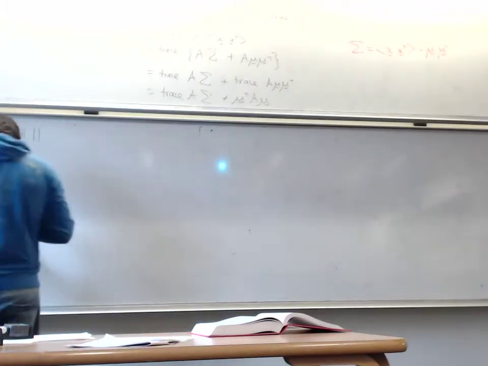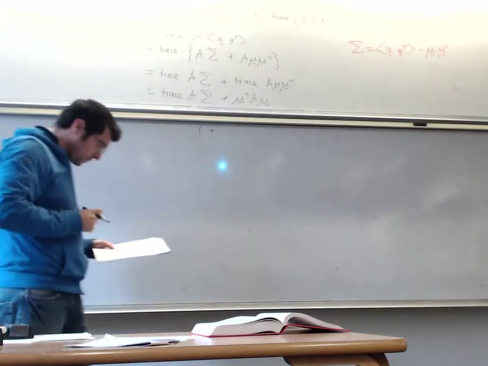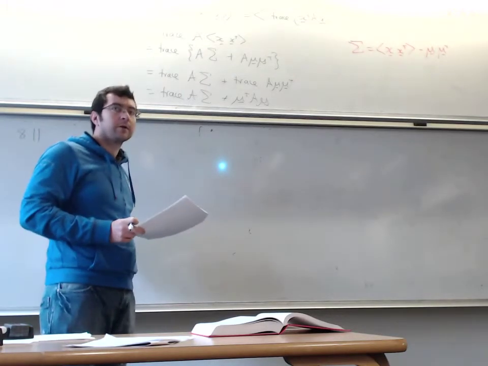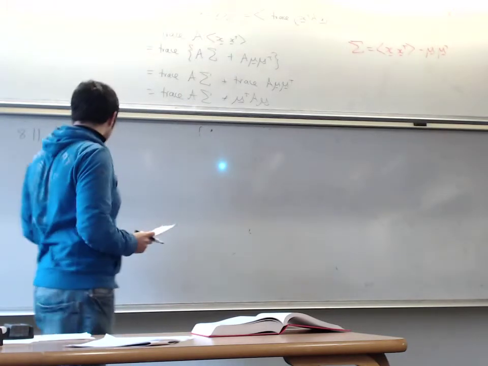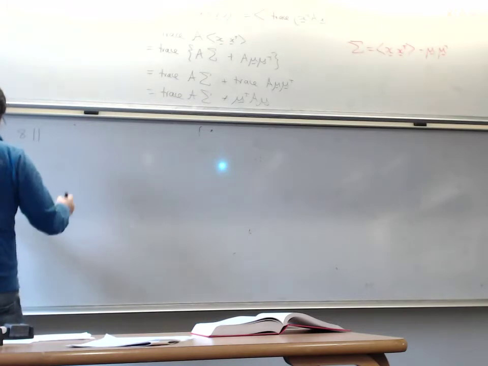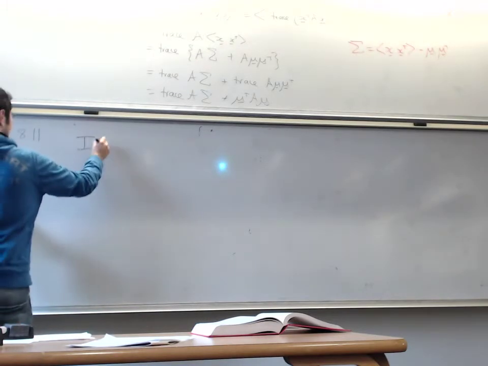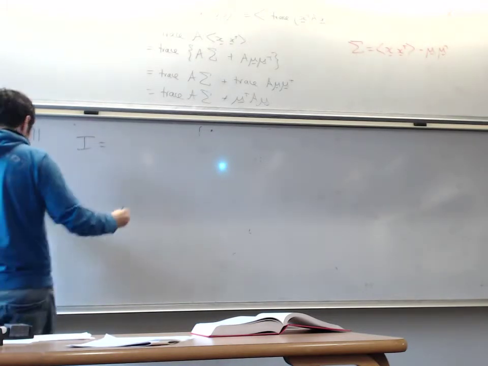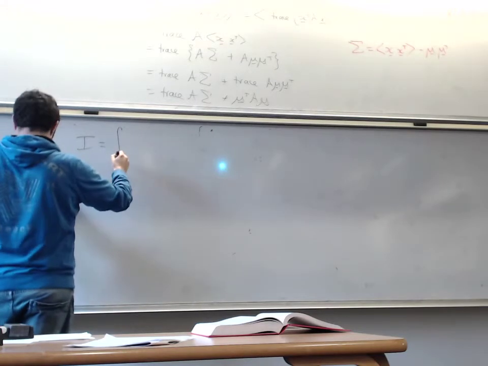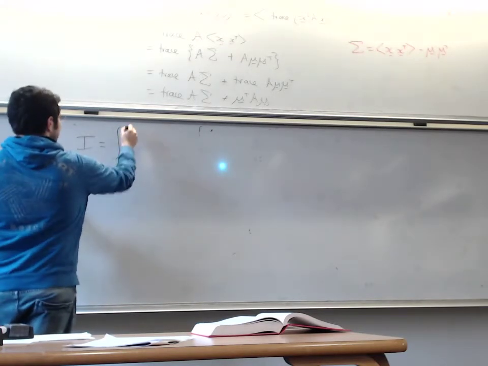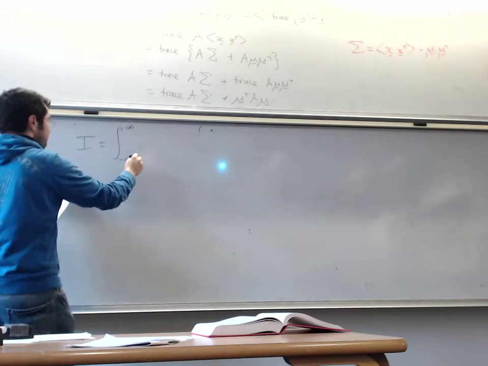So last week we derived the normalization constant of a univariate Gaussian. Today we're going to do it for the multivariate Gaussian. So we're interested in this integral I, which is just the normalization constant of the Gaussian function.